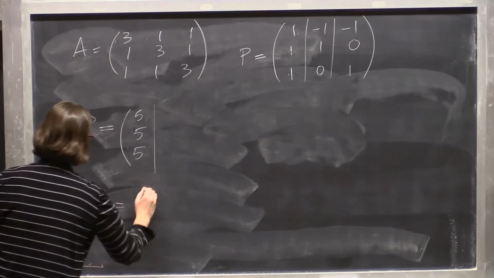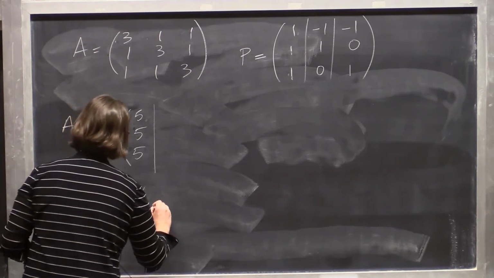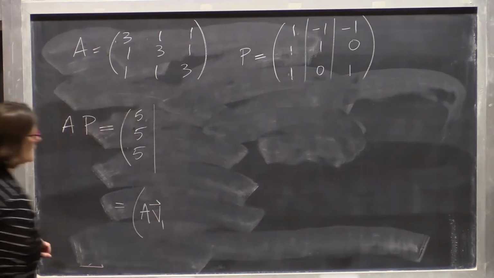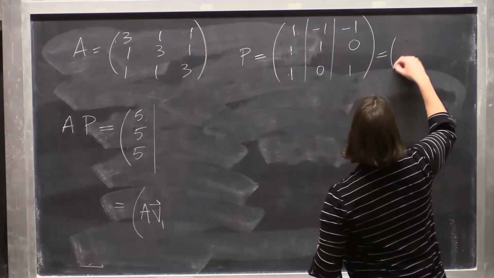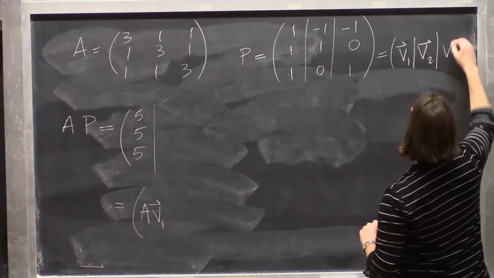So I want you to believe that I just did A times the first column of P. So I'm writing this as first column, second column, third column.